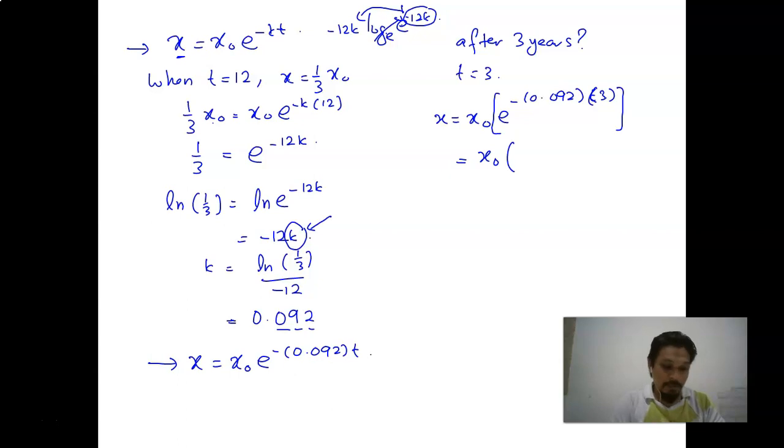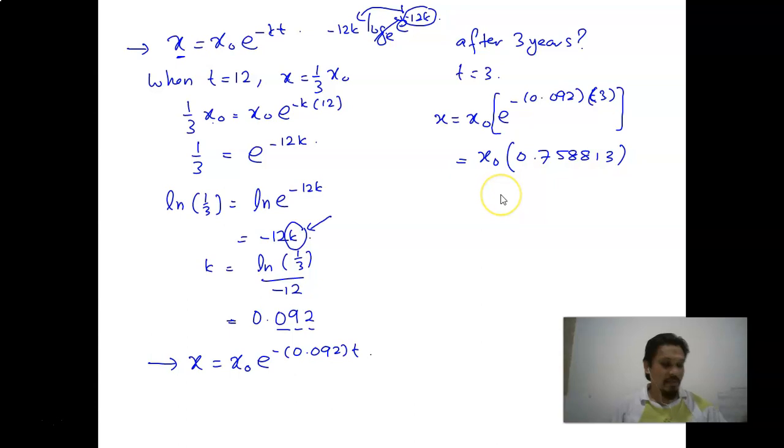So here, I get 0.758813. Okay, so then the question was asking us to find out what is the percentage left after 3 years.